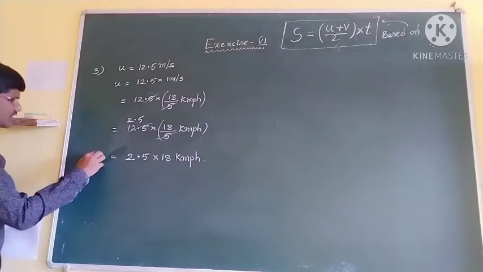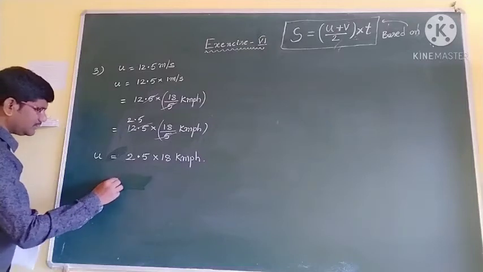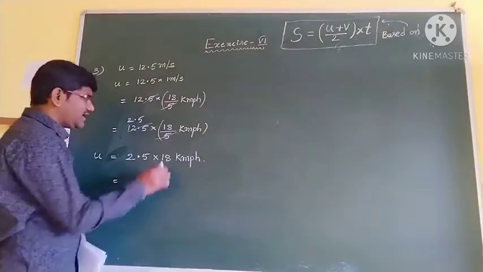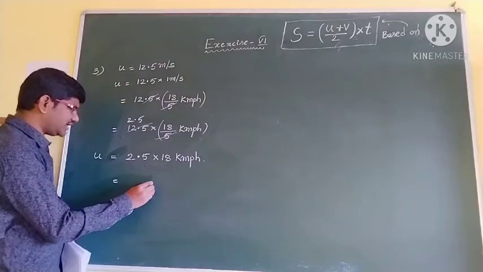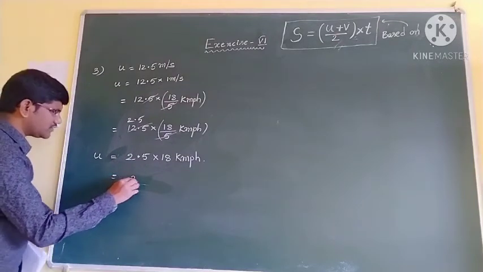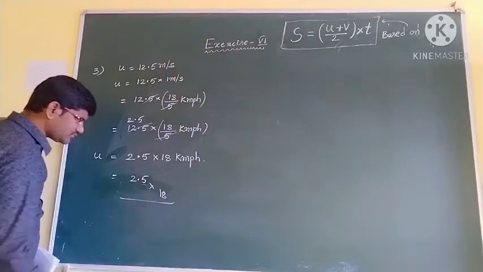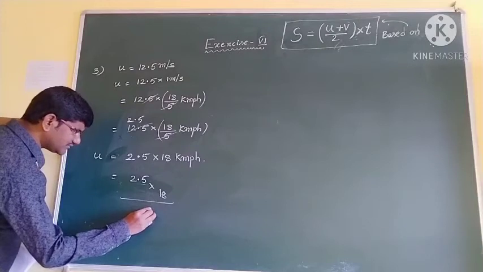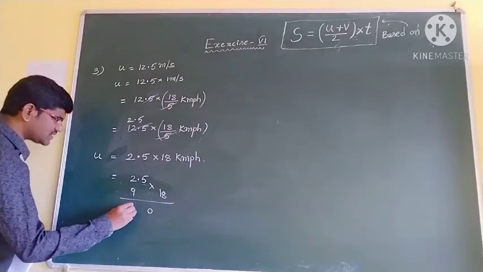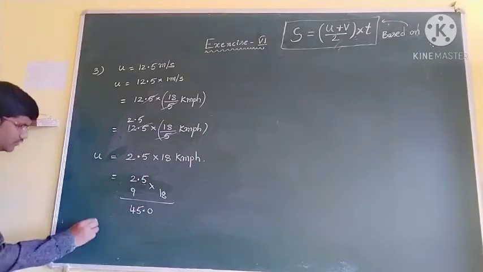That is called initial velocity u. 18 5's are 90, then 0 and 9, 18 2's are 36, 36 plus 9 is 45, and after one digit we have to put a decimal. So the u value we got.